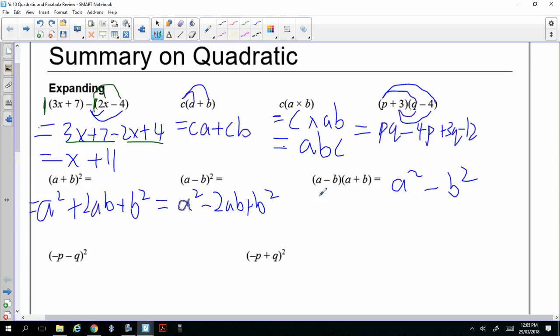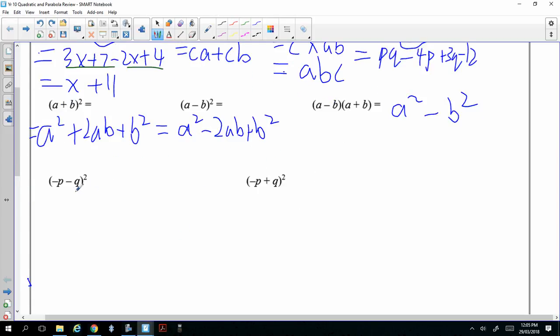And then we've got some harder ones where there's a minus in front. How do you use the formula? So if you're going to square that, you will use the second formula. So how do I use it? You square the first one, negative P, bracket squared. And then you go plus or minus 2AB.